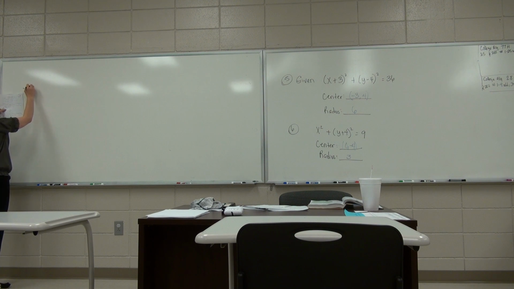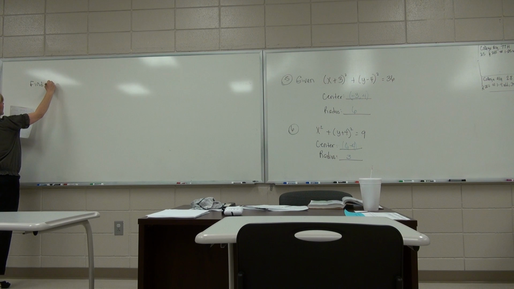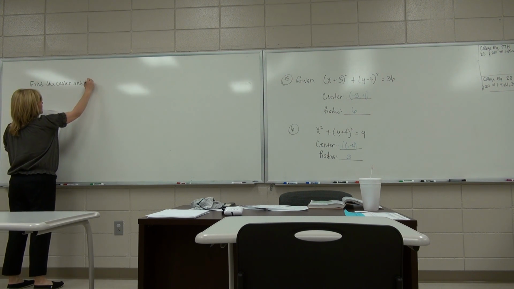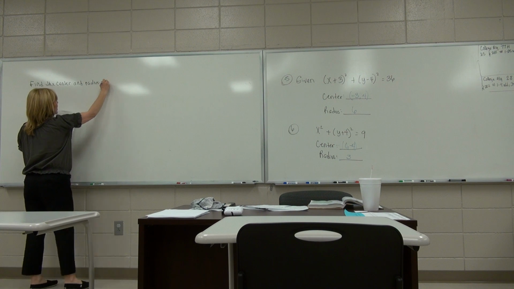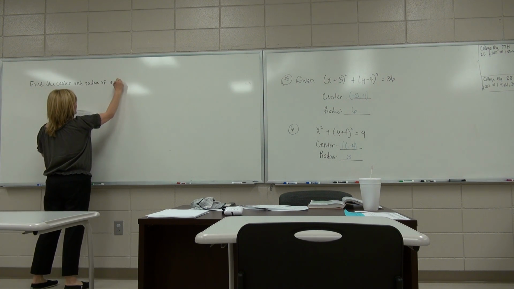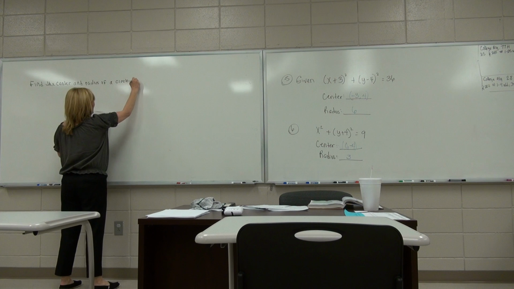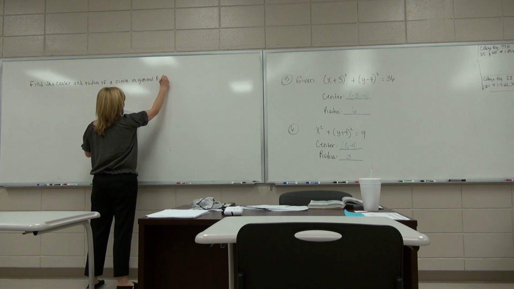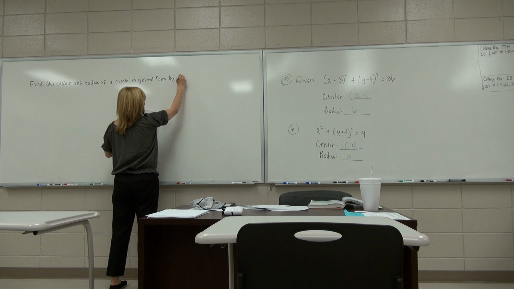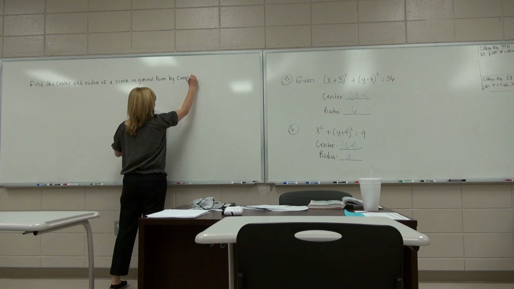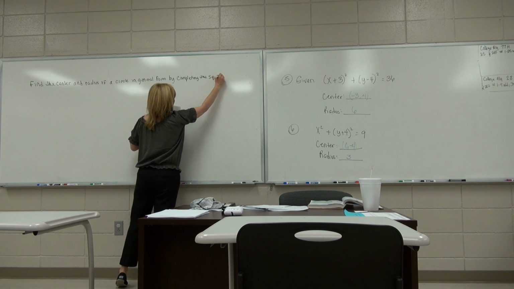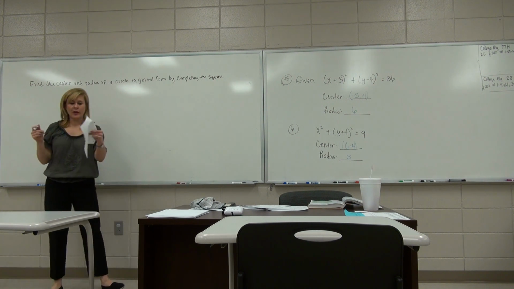So if you're told to find the center and radius of a circle in general form by completing the square, I think I told you last time, if I give you one, I'm going to make it pretty.